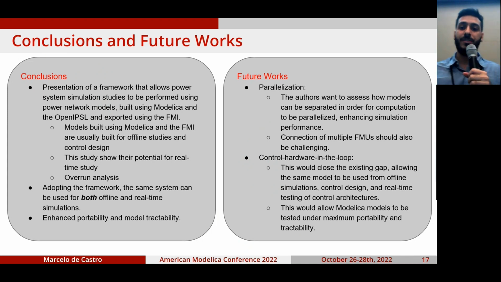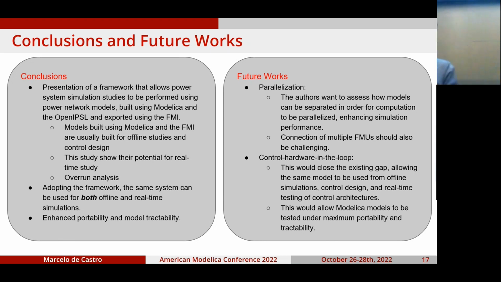And as future steps, as I said, one of the things is that we can divide the system into multiple FMUs and use multiple cores to reduce the test turnaround time for much more complex systems. In this case, we were using a smaller real-time processing unit, so it has potential to be scaled up. We can also highlight the possibility of performing control hardware-in-the-loop simulations, in which we can do the offline simulations, optimizations, and control design, everything using the Modelica model.